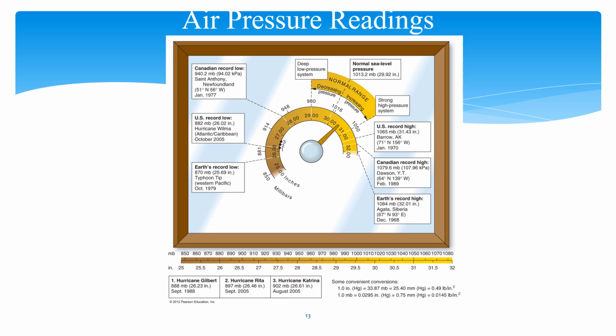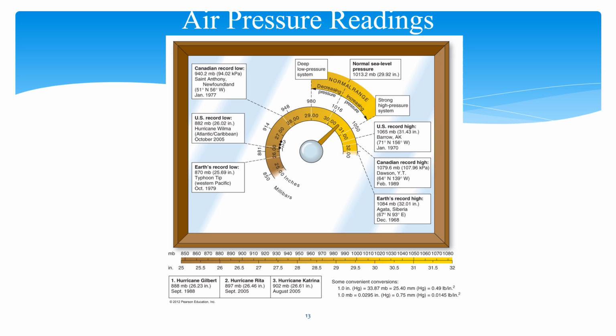Now, I have mentioned before that the global average air pressure at sea level is 1013 millibars, 1013.25 to be exact actually. That's the average.